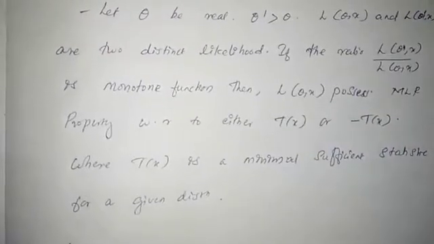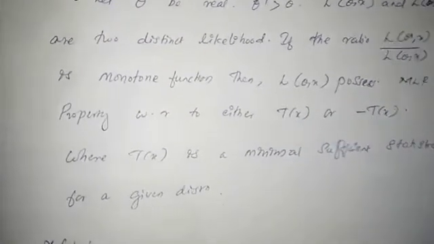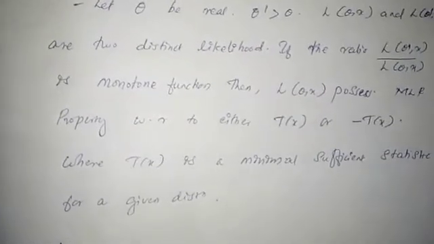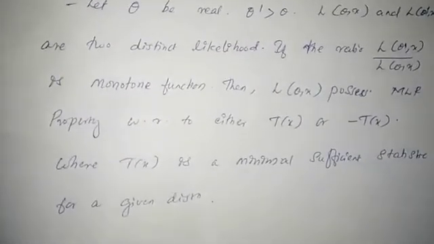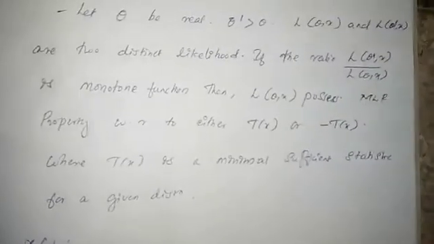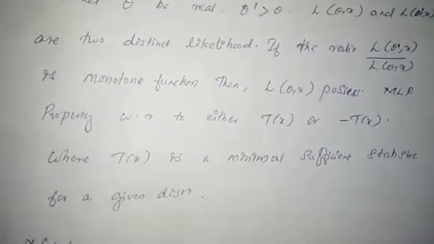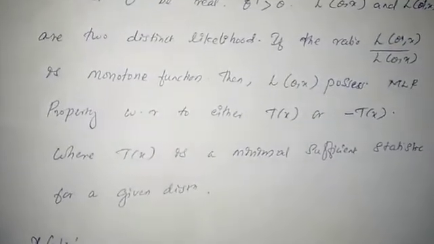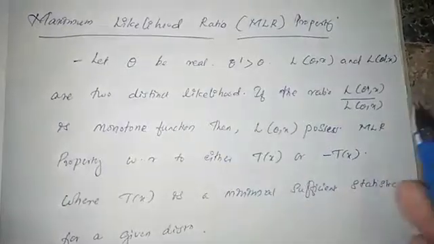A sufficient statistic is a statistic that summarizes all the information in a sample about the chosen parameter. Then what is minimal? A minimal sufficient statistic can be represented as a function of any other sufficient statistic. This is the maximum likelihood ratio property.